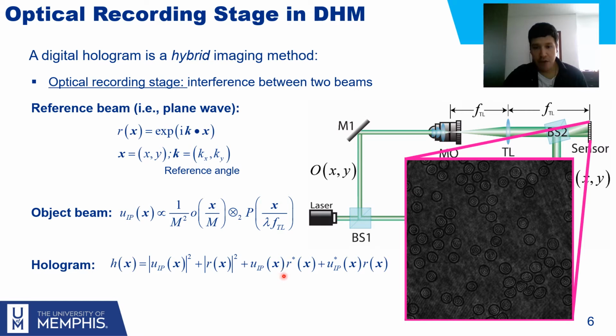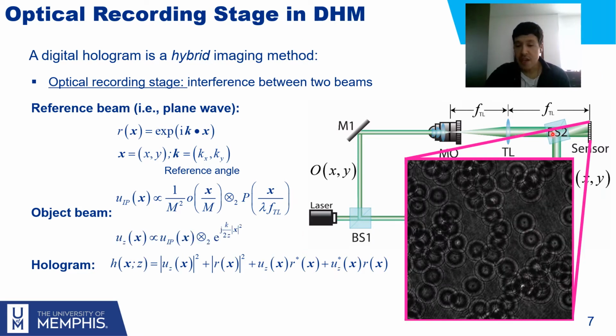The third and fourth terms, the object and the virtual image, or the twin images, the +1 diffraction order or the -1 diffraction order if you like, encode the whole sample information, both in amplitude and in phase. So the idea is to retrieve the information of one of these two terms from the hologram.